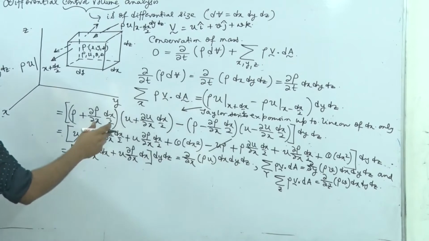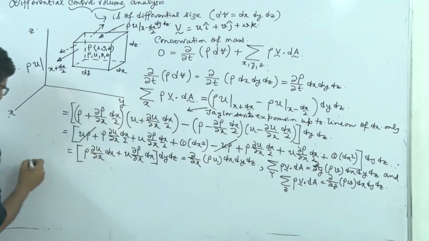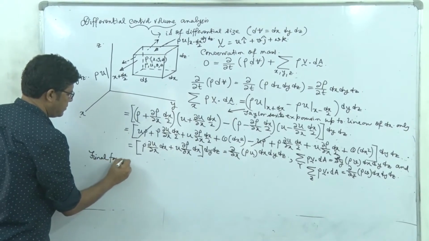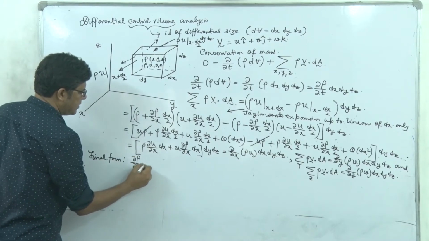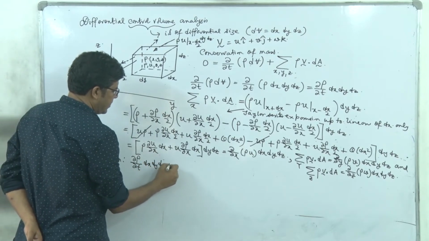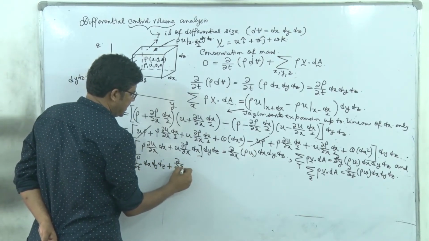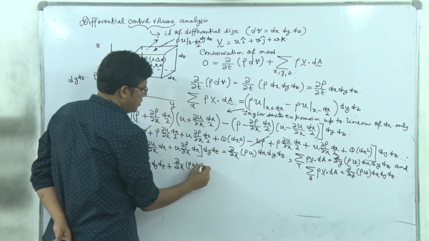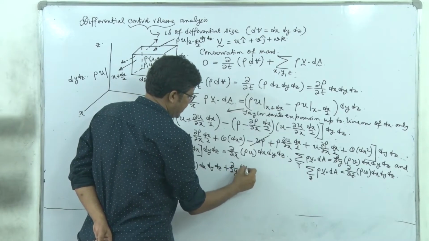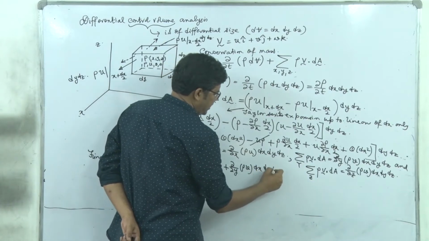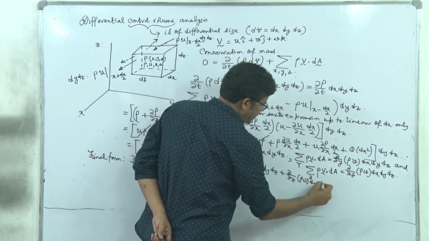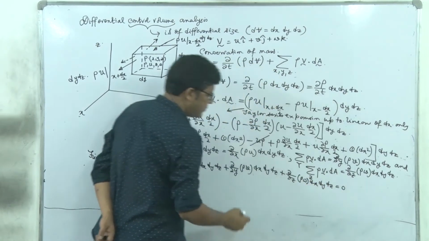Now if I replace this here, the final form becomes del rho del t into dx dy dz plus del del x of rho u dx dy dz plus del del y of rho v dx dy dz plus del del z of rho w into dx dy dz equal to 0.